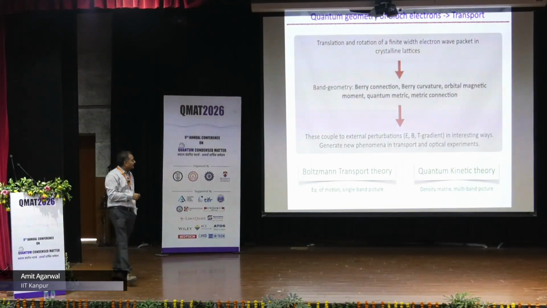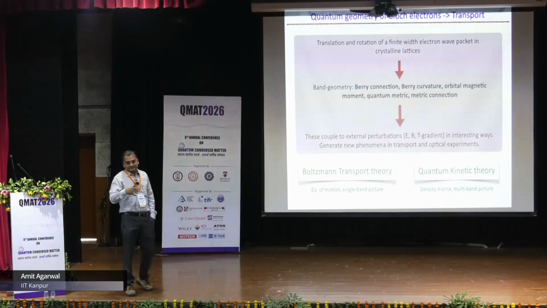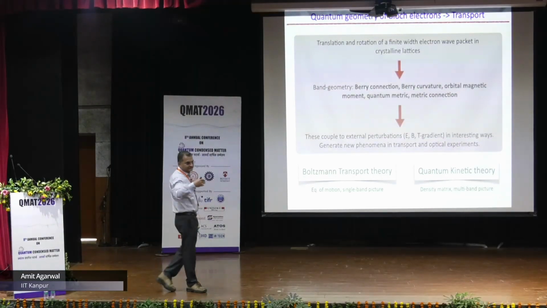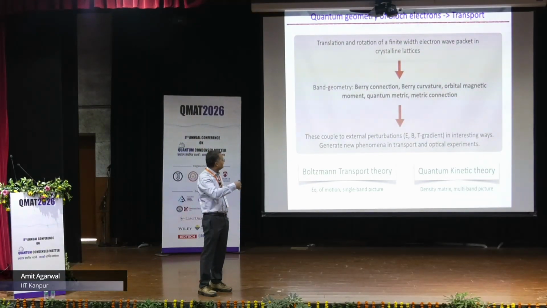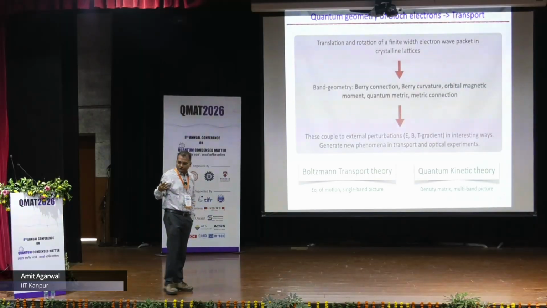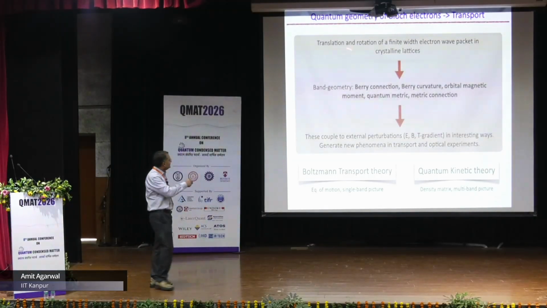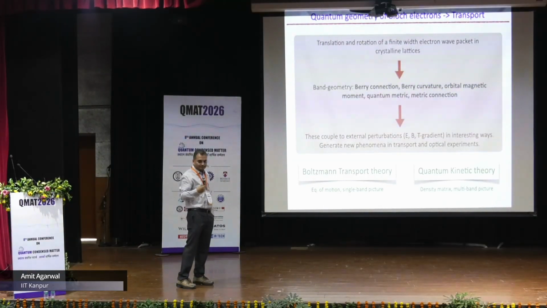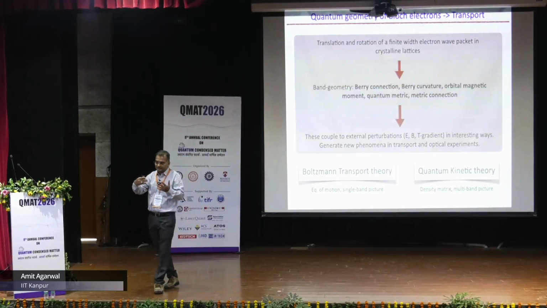So what is happening? There are these Bloch quasiparticles, electrons basically, fermionic quasiparticles in crystalline lattices, or bosonic quasiparticles in crystalline lattices, which do translation or rotation, and they have a finite width of these wave packets.